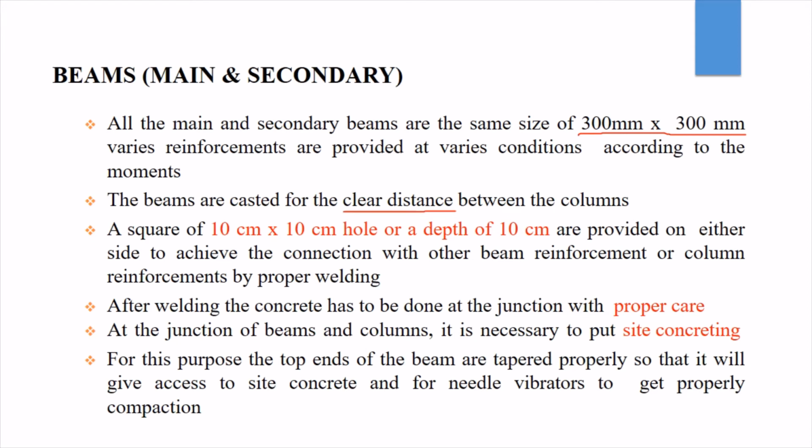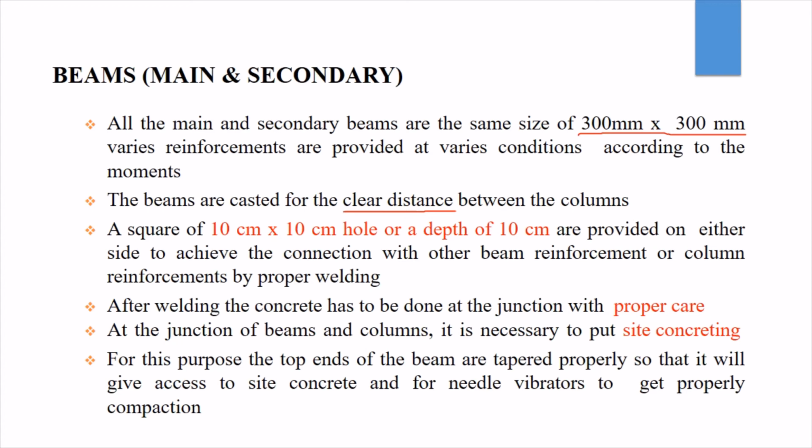To join two beams, we go for a welding connection. To weld that, we need some reinforcement which should be on either side. If we have a top portion, we have the front portion with the 10 centimeter hole, and at the back side we have a 10 centimeter reinforcement, so we can connect that with another beam.